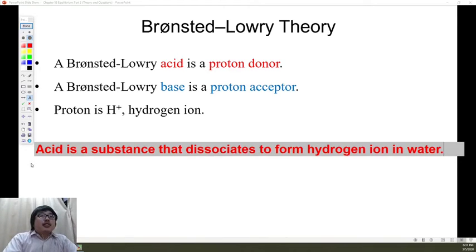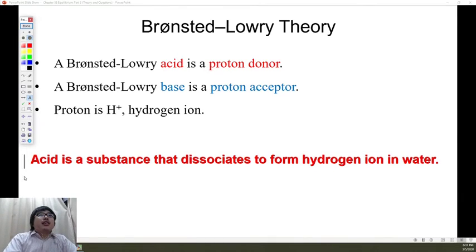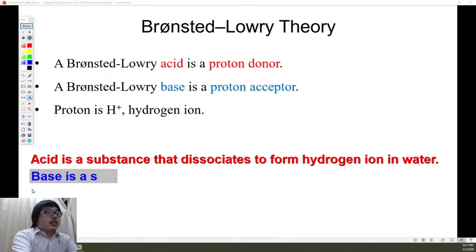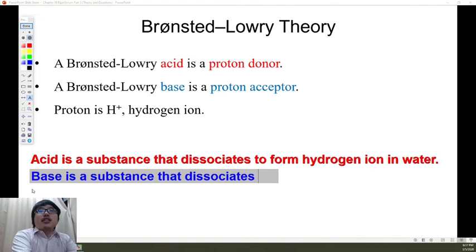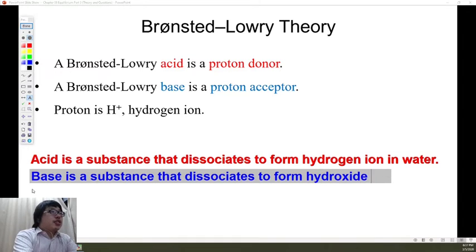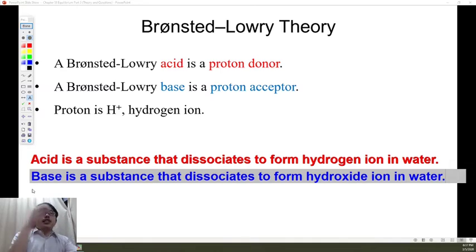A base is a substance that dissociates to form hydroxide ions in water.